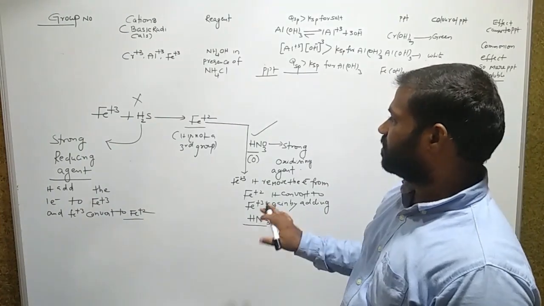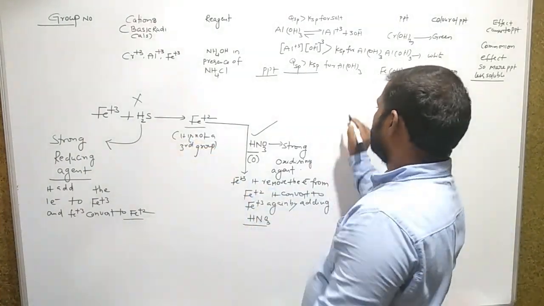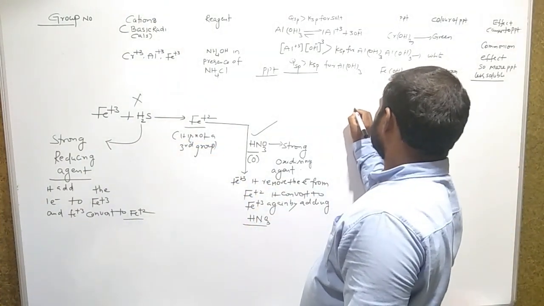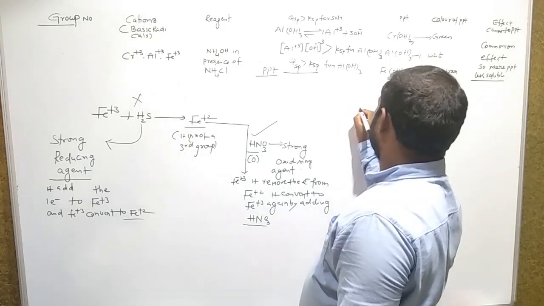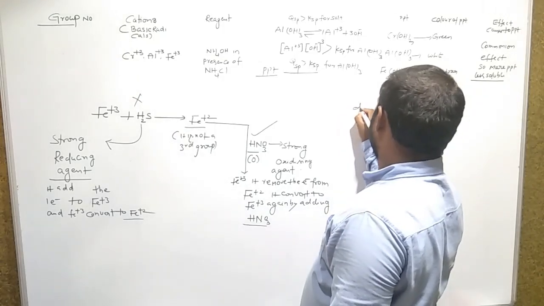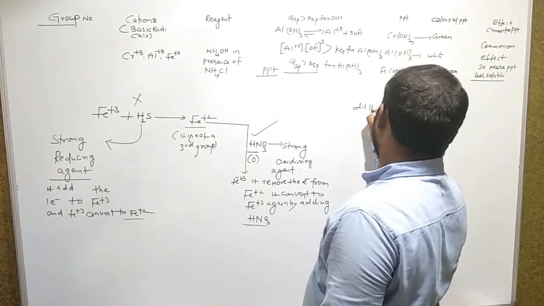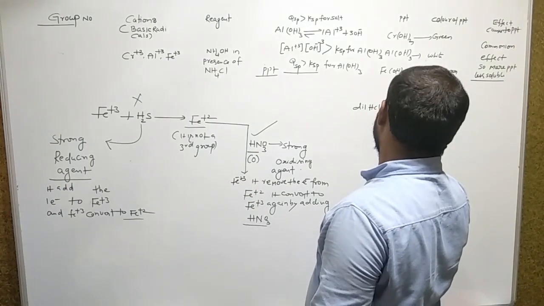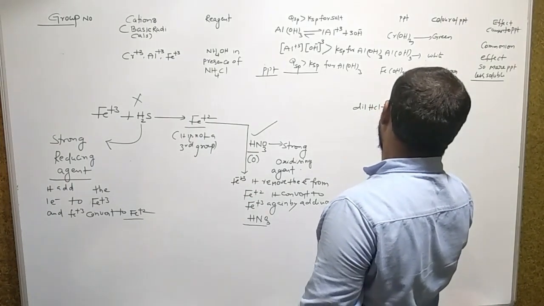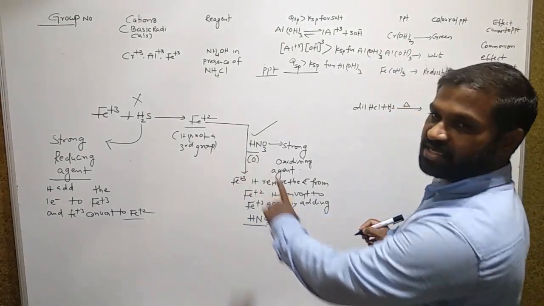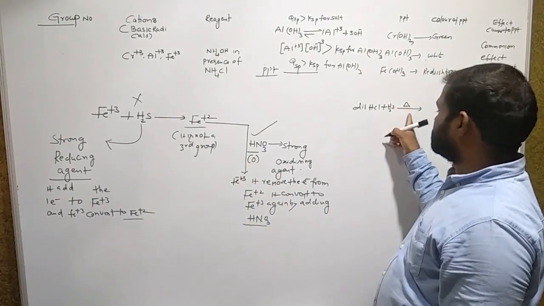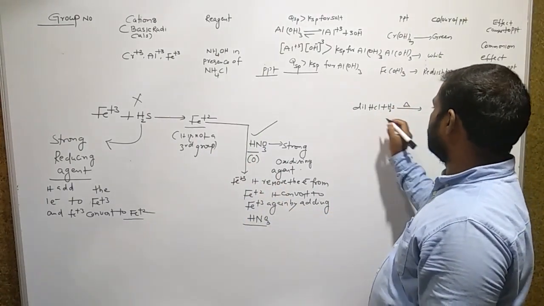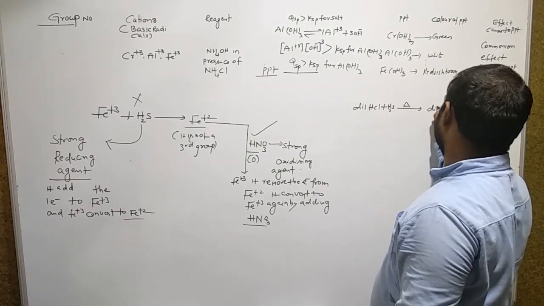Before that, dilute HCl and H2S undergo heating. Before this process, if it undergoes heating, these two evaporate.